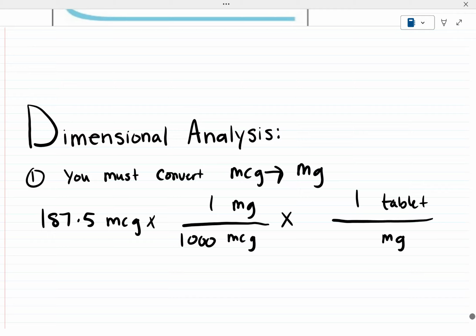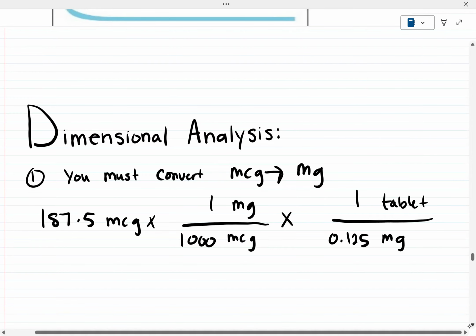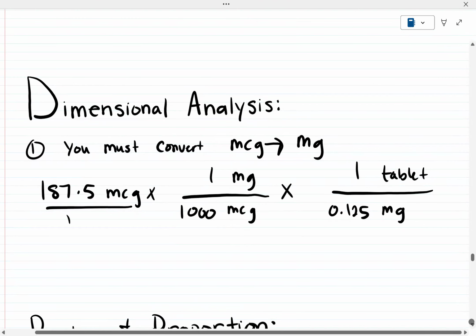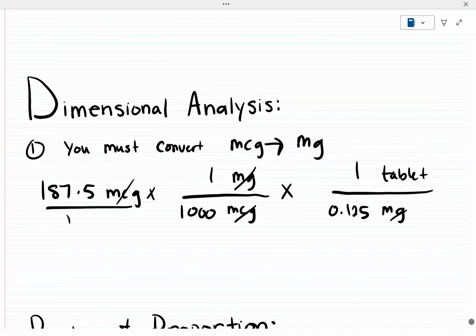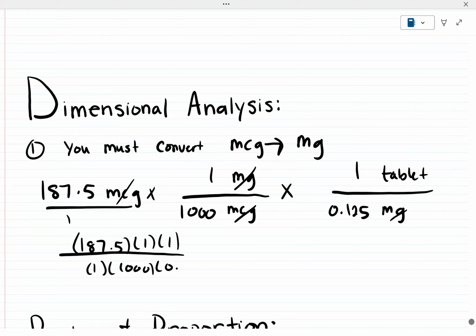So for one tablet, there is 0.125 mg. And then put a little invisible one here. As you can see, the mcg disappears, so does the mg. And your final units are in tablets. So just multiply across. 187.5 times 1 times 1 is 187.5.